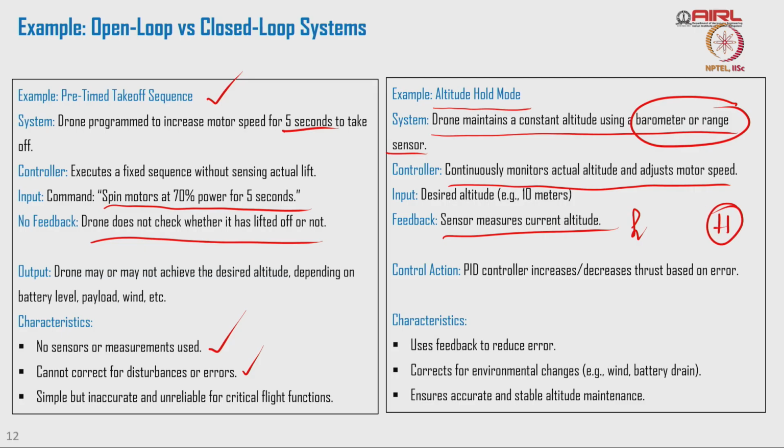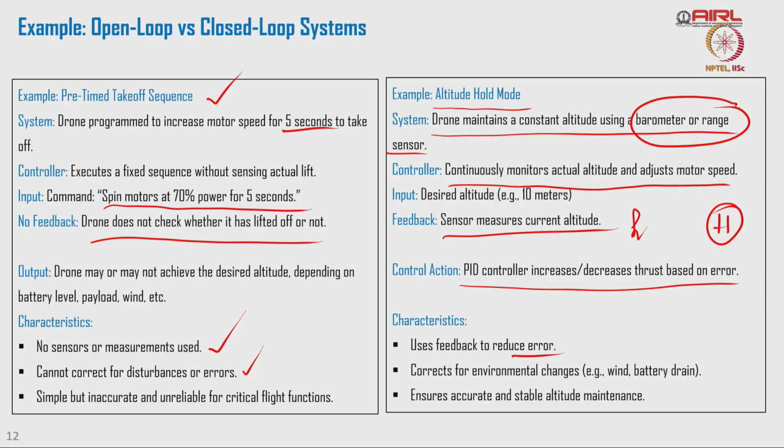There can be controllers we design as PID control, which increases or decreases thrust based on the error, and accordingly the control action will tell how much correction is required. That correction will be made, and since we are using feedback, the error will be reduced.